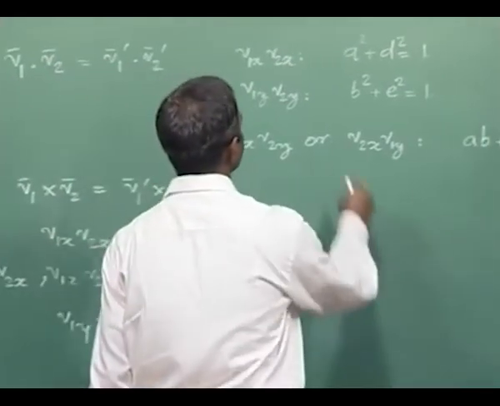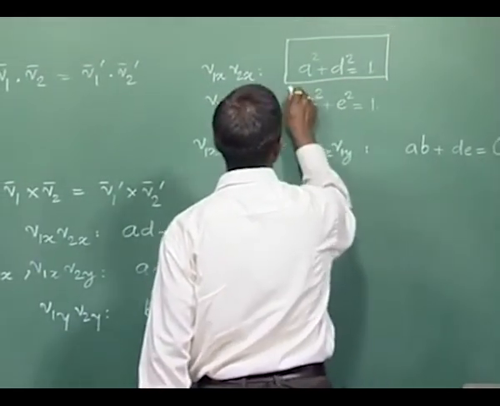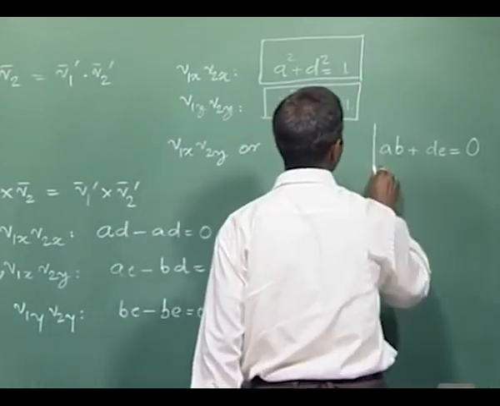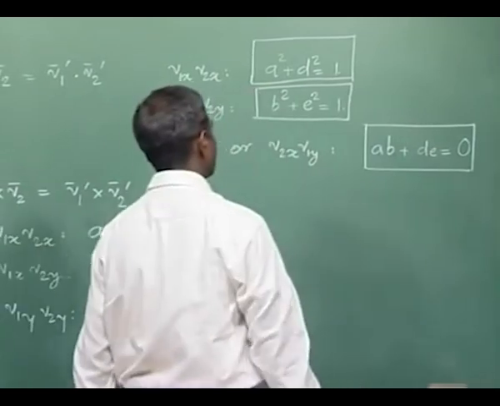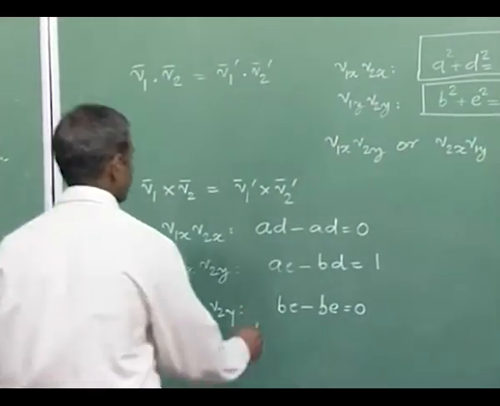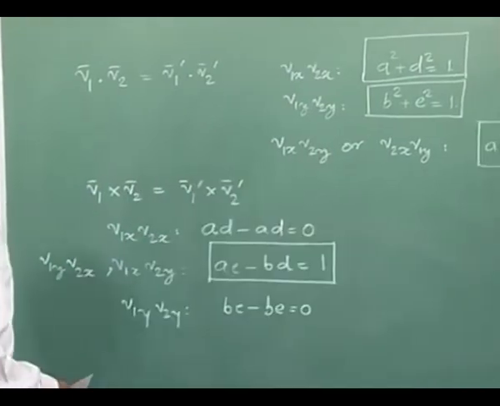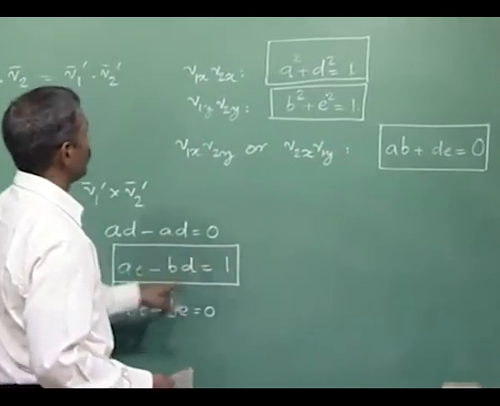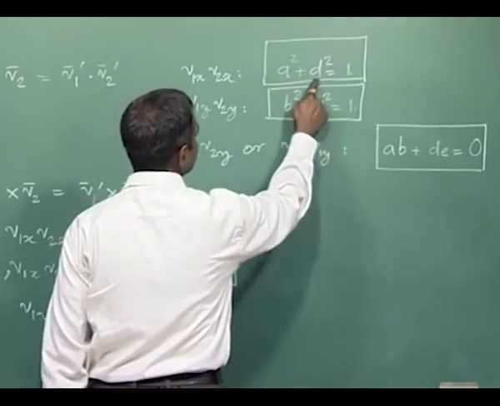So these are 4 important relations that relate different entries in the transformation matrix. Note that these are 4 equations in 4 unknowns: a, b, d, and e.